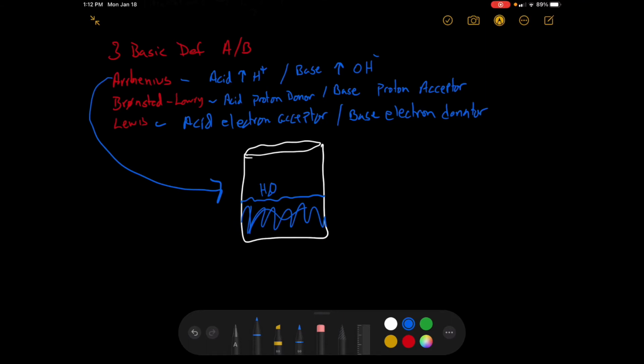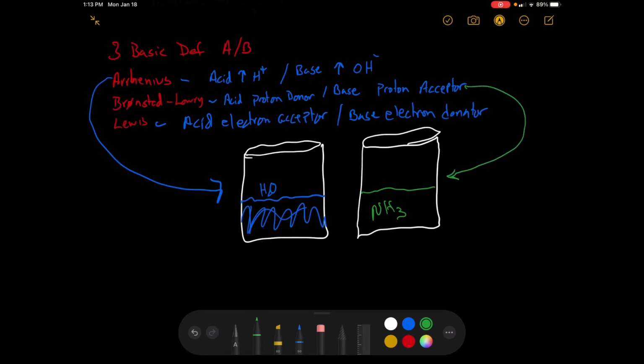Bronsted-Lowry is okay with the water beaker, but he is also saying, what if you fill it with ammonia, NH3? What if you fill it with that? So Bronsted-Lowry, he could do either one of these, okay? But his whole idea was to take it out of just water.